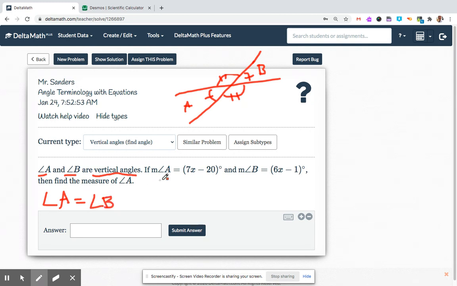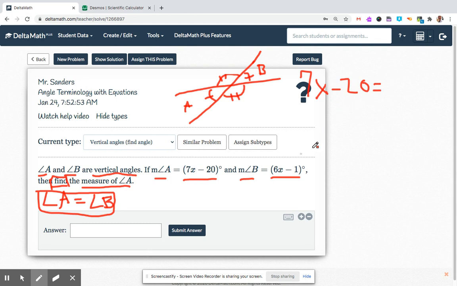Okay. If the measure of angle A is this and the measure of angle B is this, find, that's what they're asking us to do here, the measure of angle A, which would be the same as B. But let's just go ahead and finish it off. Like I said, vertical means they're equal to each other. So 7x minus 20 equals 6x minus 1.